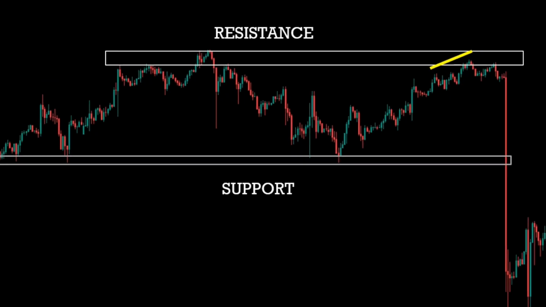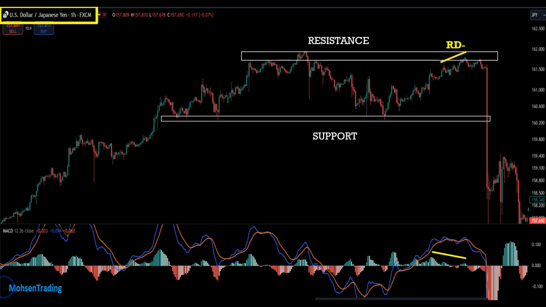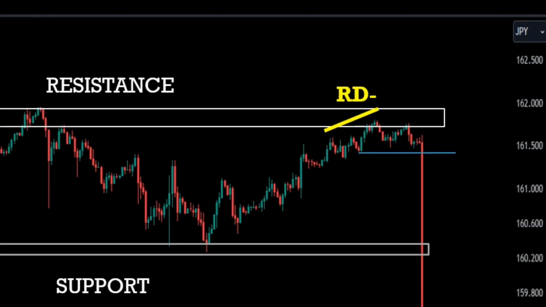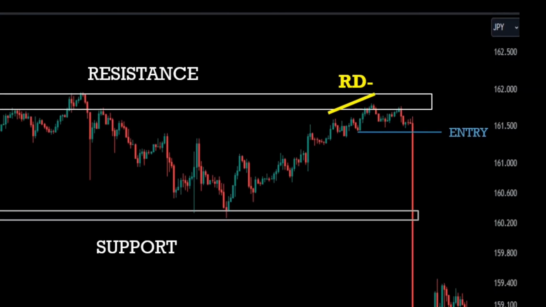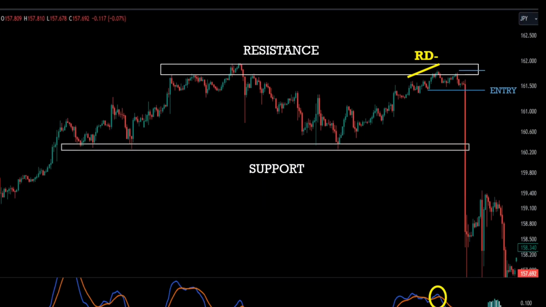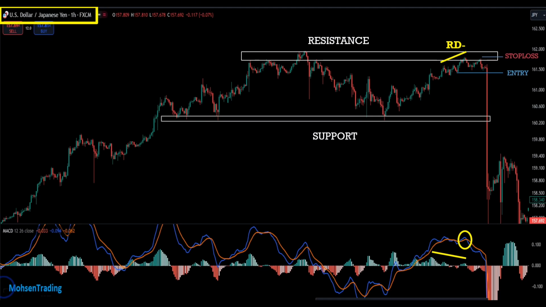At the same time, the MACD signal line and MACD line cross each other. This combination indicates that the price is likely to reverse from this resistance level. Based on these signals, we can enter a position by setting the last valid low as the entry point and the last valid high as the stop loss.